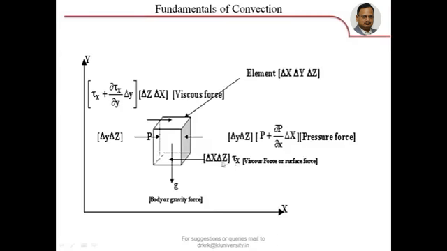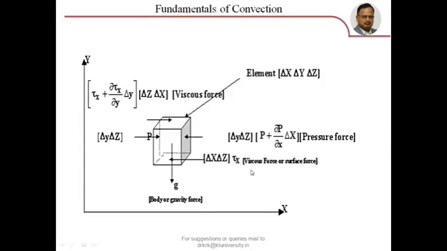And the total shear force or viscous force, that is the surface force, acting at the bottom plane is tau x into del x into del z, area. That area is del x into del z.